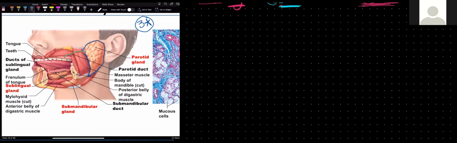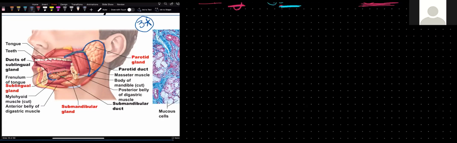We've got the parotid gland that will be covering the angle of the mandible. And this here is going to be the parotid duct through which the parotid gland is going to be releasing its secretions.